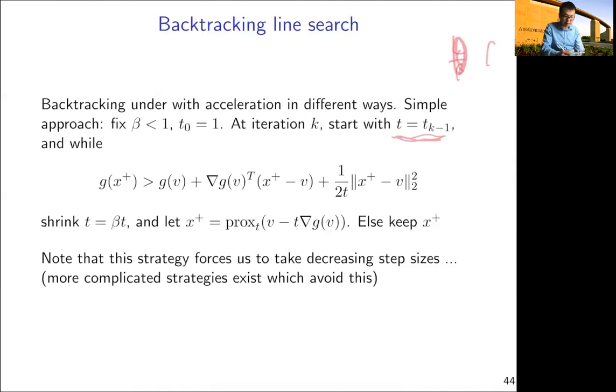Sorry, beta over L. So t_{k-1} is necessarily larger than beta over L. So this approach works if the function is L strongly smooth everywhere. But when the function is not, when it has heterogeneous L at different locations of the space, then this version of backtracking line search is not really able to get a benefit out of a much smoother region than other regions of the space.